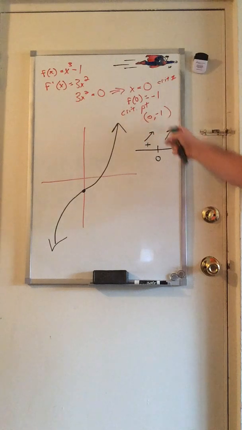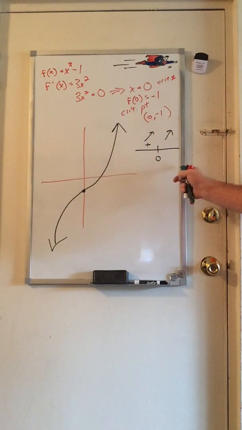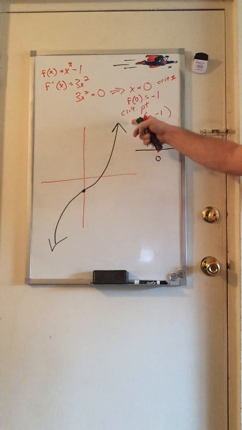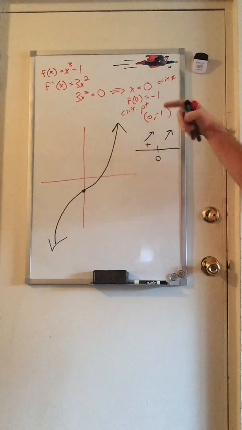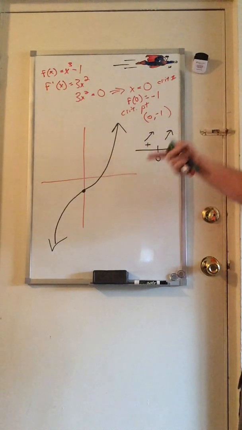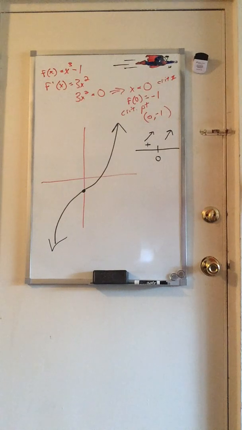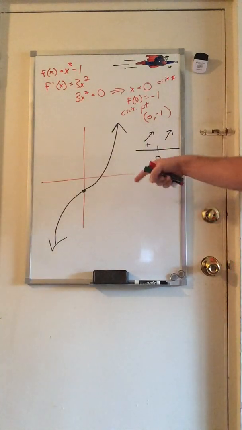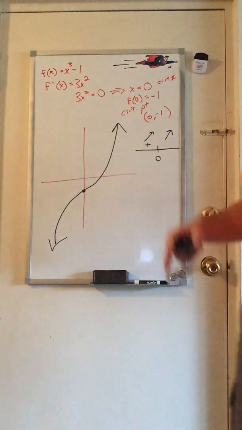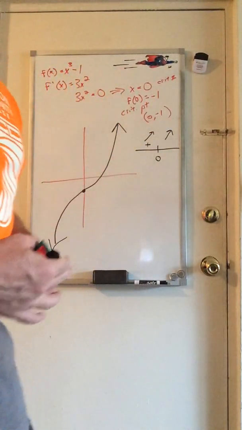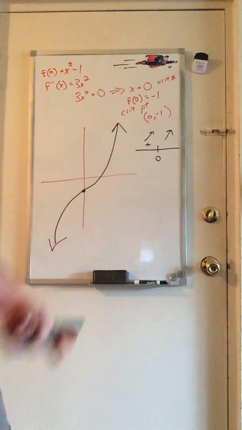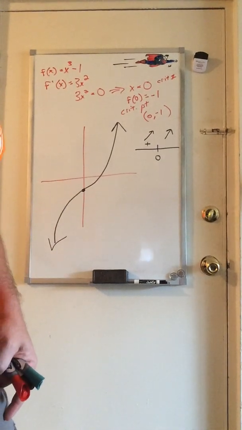What if the graph went up and then down? Well, then that would be a maximum point. What if the graph went down then up? We did that on the last one. We got a minimum point. And we can see these tricks that we can use to actually sketch the graph of a function. And like I said, in the next video, we're going to work with more and more complex functions and formalize this into the actual formal test.